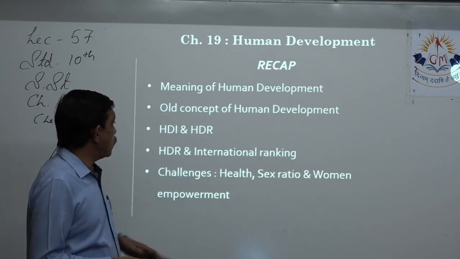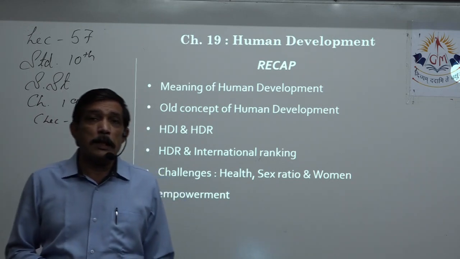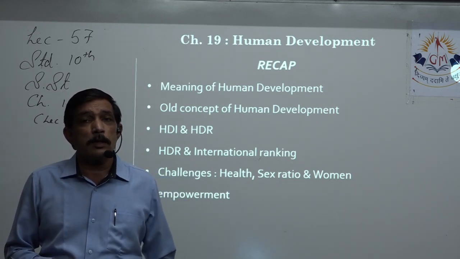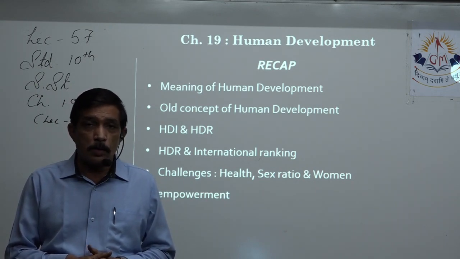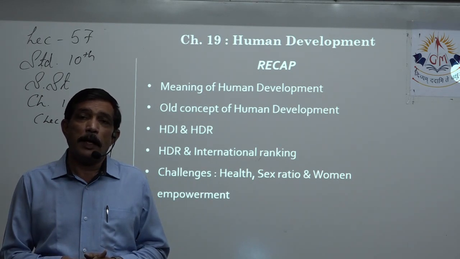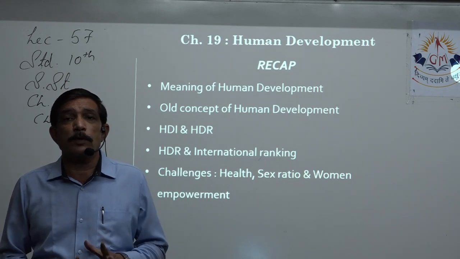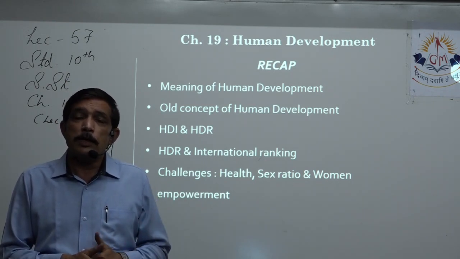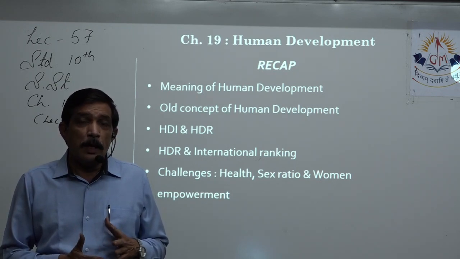So the new theory of HDI came into existence in 1990, propagated by Amartya Sen, who is of Indian origin. He was a Nobel Prize winning economist, and he propounded that theory. Under the United Nations Development Program, for the first time, HDI was counted for all the countries, and an HDI report was made.